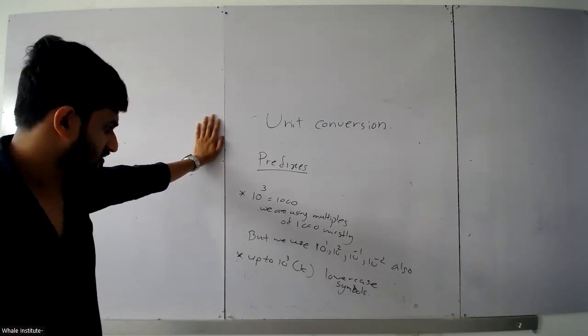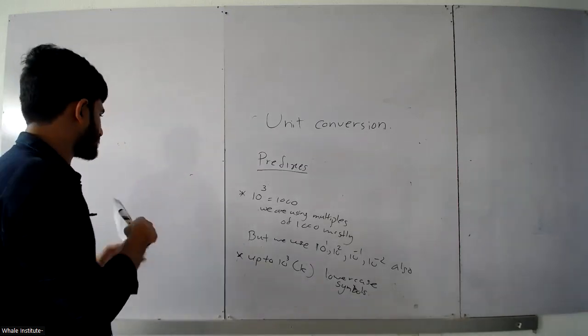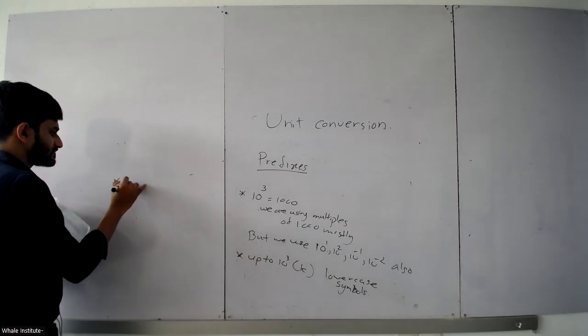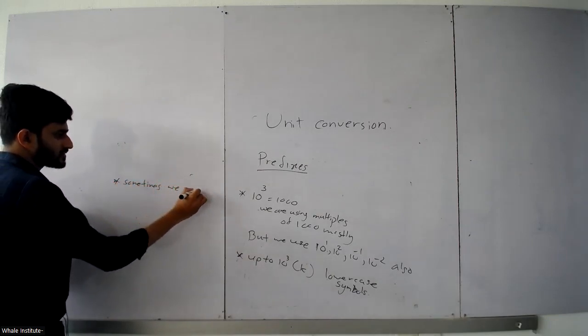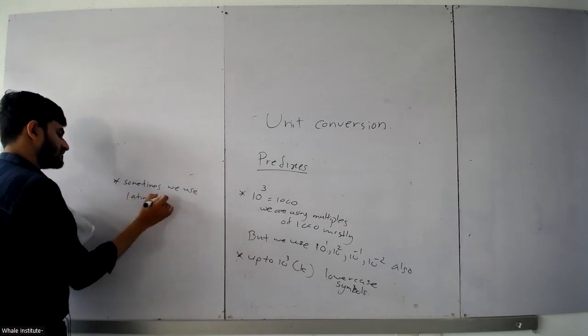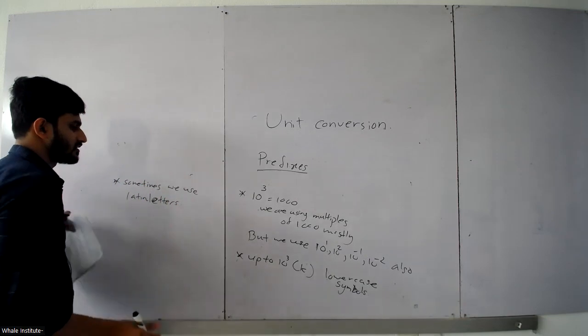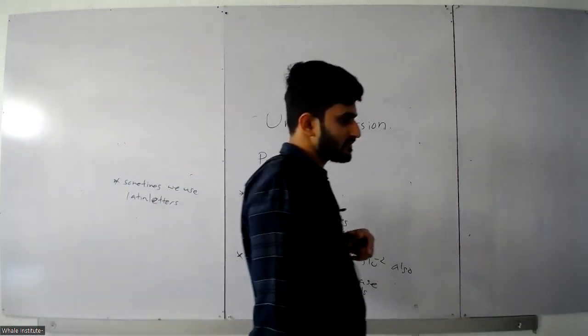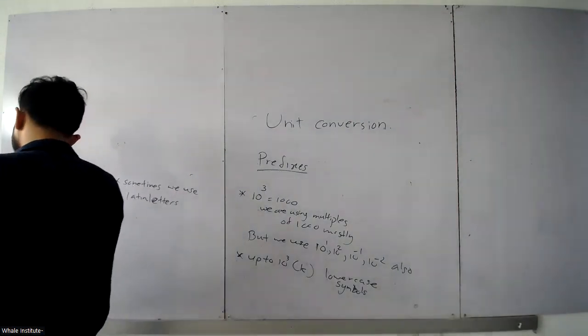හරි, up to 10 to the power 3 or kilo we are using lowercase symbols. Table එකේ ලස්සන බලා ගන්න පුළුවන්. Sometimes we use Latin letters when there is a shortage of letters from the English alphabet.